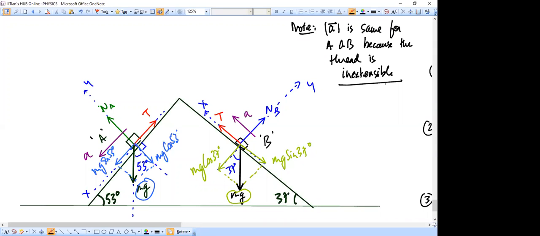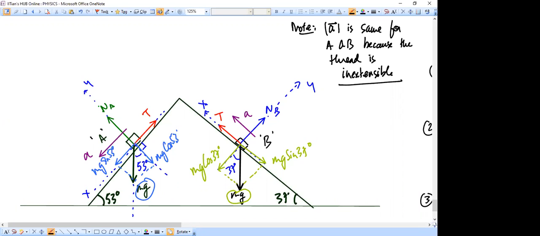Now see, when you're making a complicated FBD like this, it's a good idea to circle out any force which you have resolved, so that you will not by mistake resolve that force again or consider it twice. So when I'm writing the equations, now I'll only consider this tension, normal reaction, this component of weight, the sine one, and this component of weight, the cos one. I'll not consider mg because I've taken its components. So I've circled out mg.